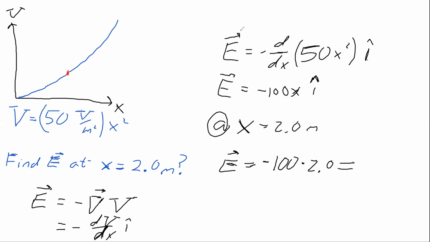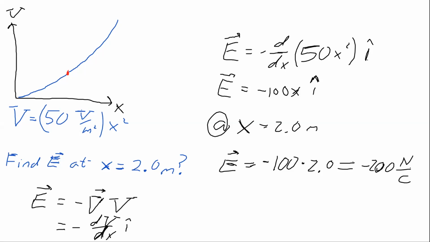That gives us negative 200, and then my units, of course, newtons per coulomb.